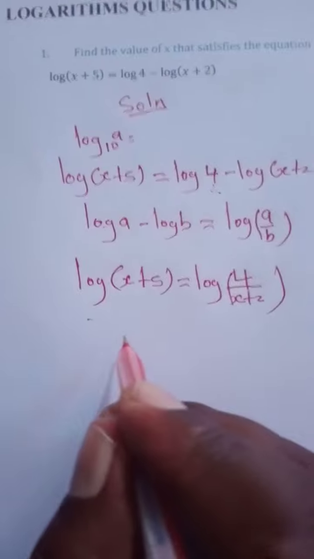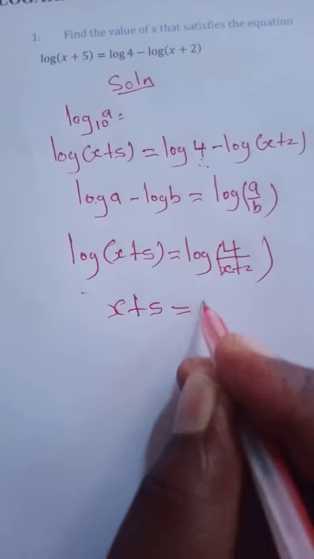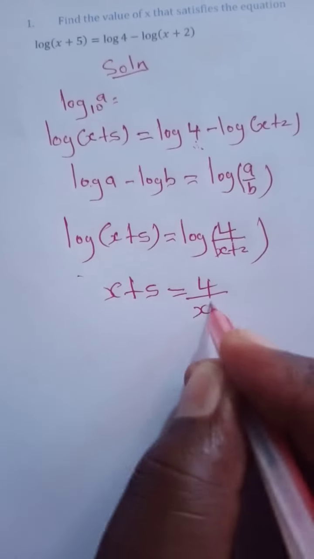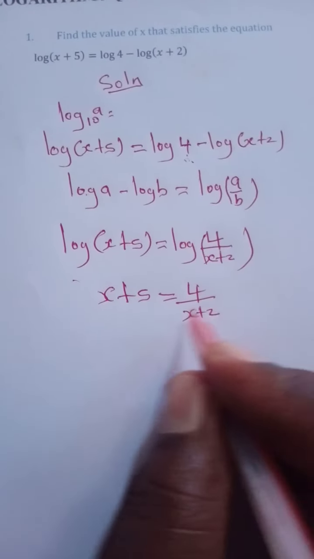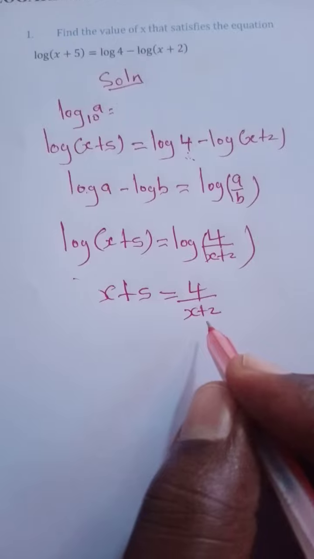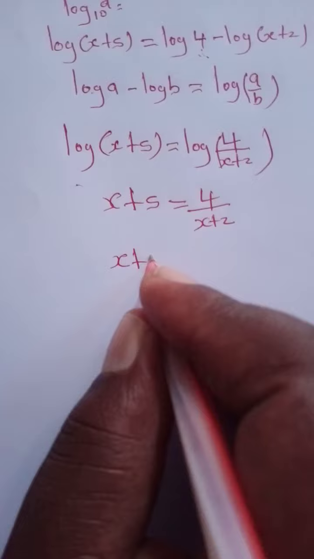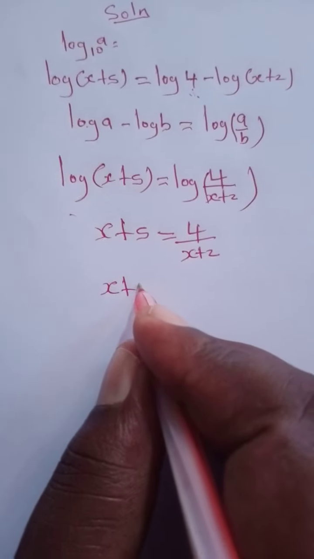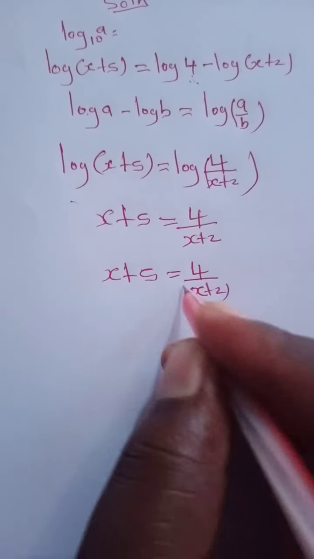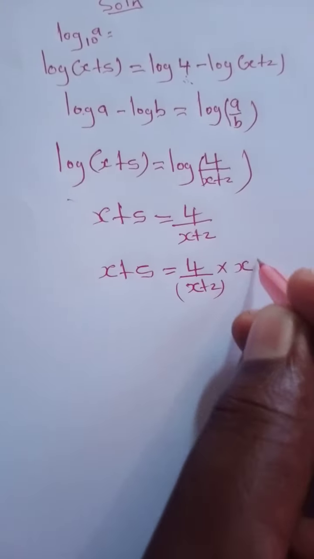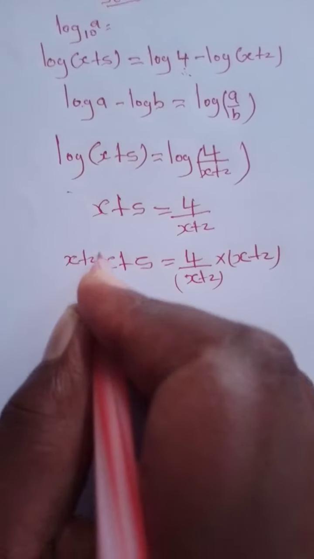It will do no harm if you drop the log and equate x + 5 to 4 divided by x + 2. Now, to do away with the denominator, let me write it in another step down here: x + 5 equals 4 over x + 2. So multiply by x + 2 on both sides, and again on this other end, multiply by x + 2.